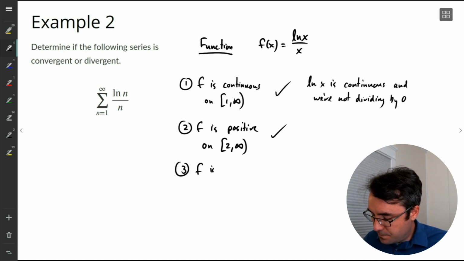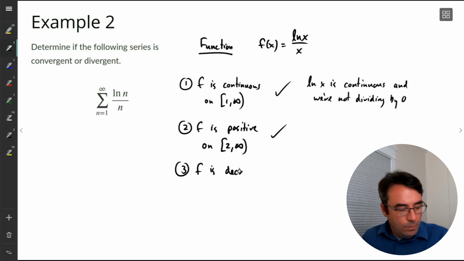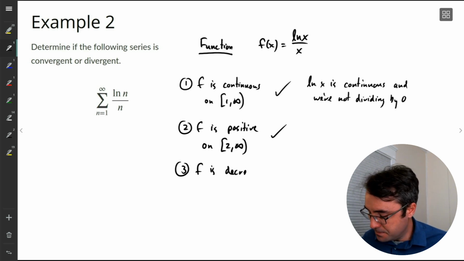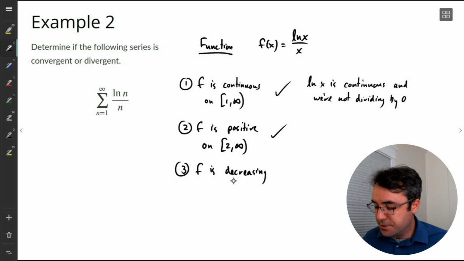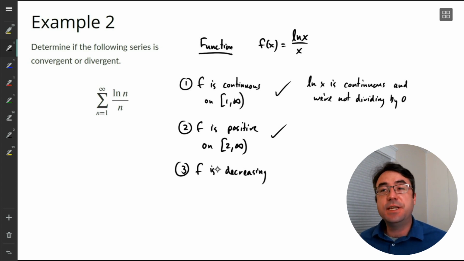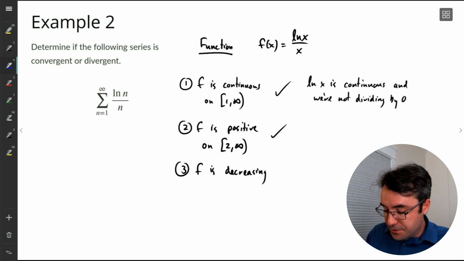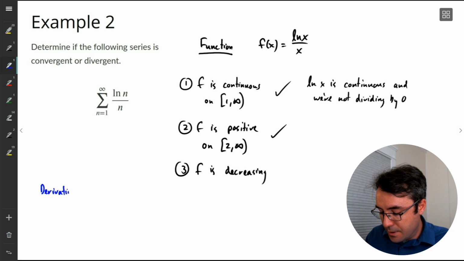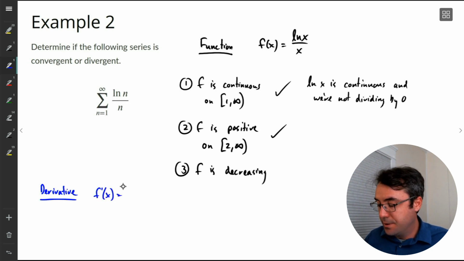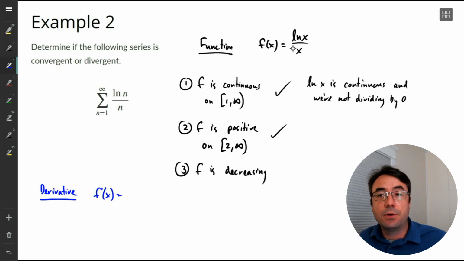So this one takes a little bit of work. Let's check and see if our function is decreasing, and this one we'll use the derivative for. So let's try our derivative approach. Let's calculate f prime. What is the derivative of this? We have to use the quotient rule.